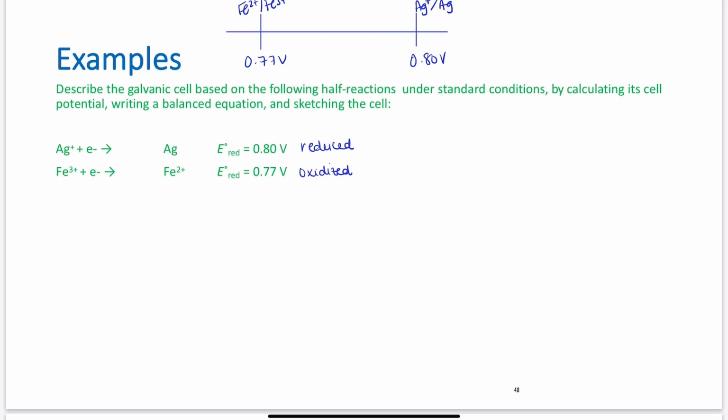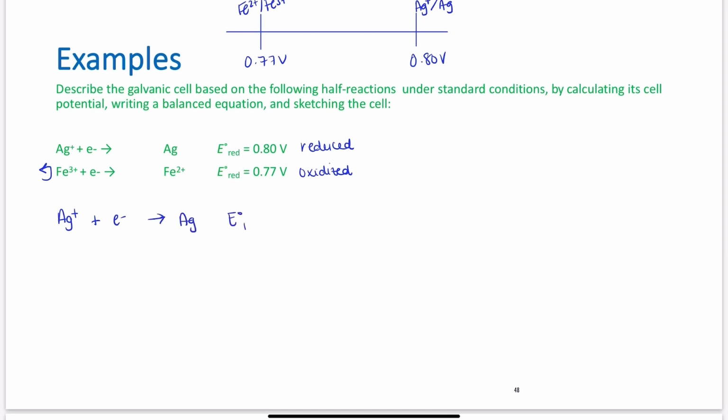So let's see. Calculate the cell potential, write a balanced reaction. When silver is reduced, it needs to gain 1 electron. That means that the iron has to give up 1 electron. Conveniently, that's the reaction I'm seeing. This reaction is going to be flipped around though. I'm going to have Ag plus plus the electron, giving me Ag.